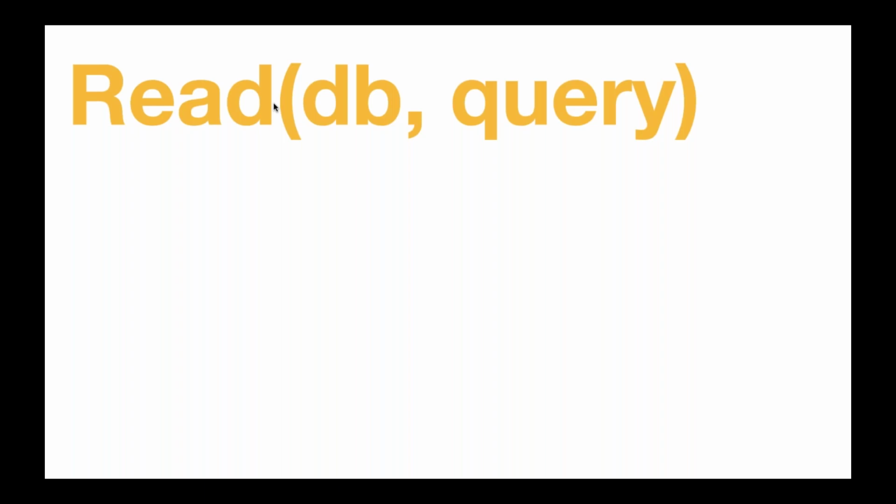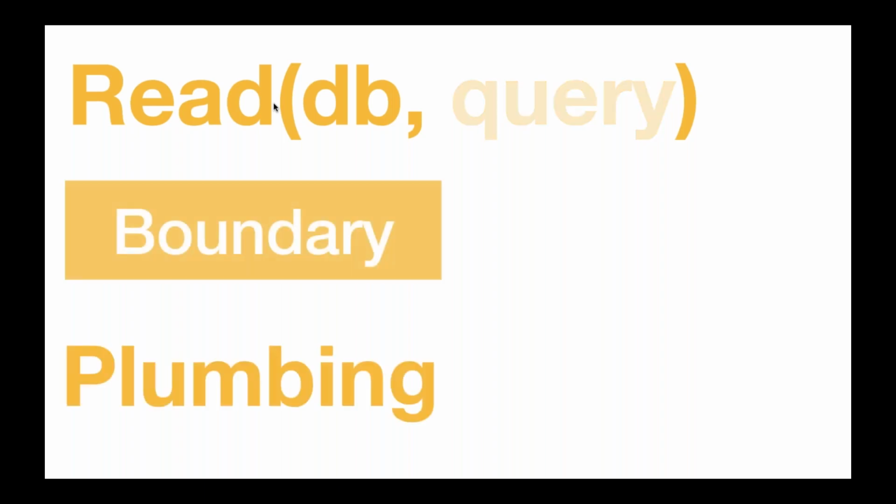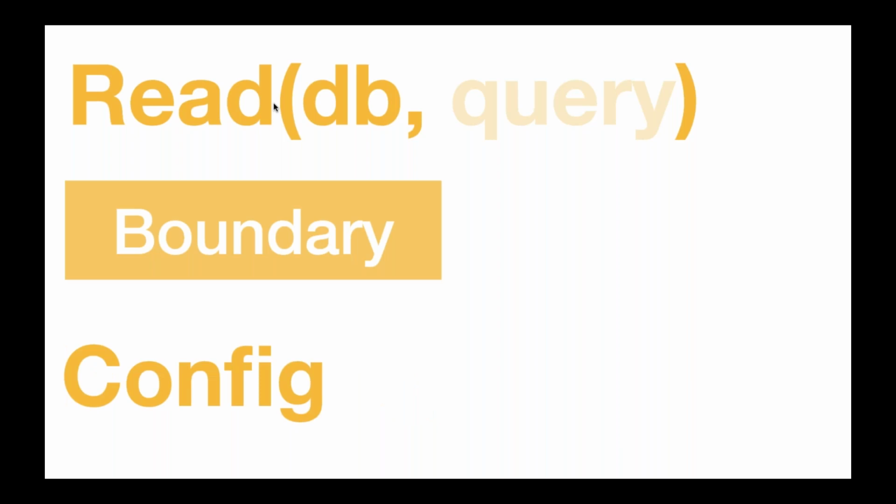So the primary argument that I'm going to be working with, the first argument of as many functions as I can, needs to be the database. And what's interesting about thinking about this problem in terms of the database and the query is that the database is a boundary concern. This is plumbing. This is going to typically happen. You're going to build this at config time, right?